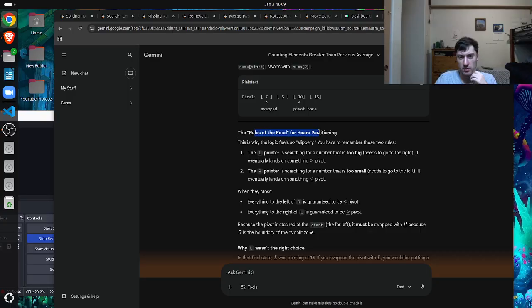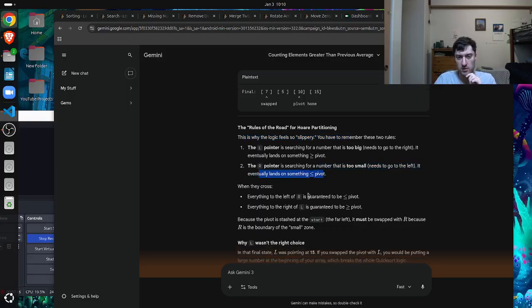Rules of the road for Hoare partitioning. This is why the logic feels so slippery. You have to remember these two rules. The left pointer is searching for a number that is too big and needs to go to the right. It eventually lands on something which is greater than or equal to the pivot. The right pointer is searching for a number that is too small. It eventually lands on something which is less than the pivot, okay?